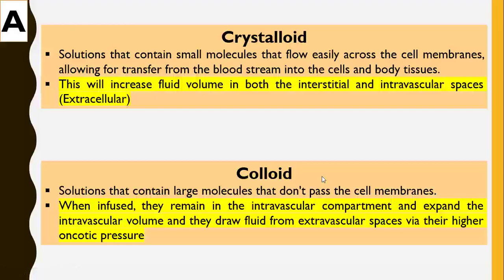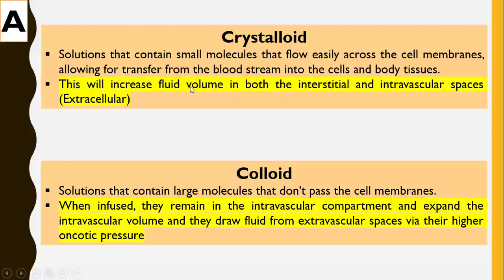So what are the types of fluids to apply this physiological background? Crystalloids are solutions that contain small molecules. As they are small molecules, they can pass freely through the capillary membrane, but don't pass freely through the cell membrane, except if these crystalloids are of different osmolarity from the body osmolarity. So crystalloids flow easily across the cell membranes, allowing transfer from bloodstream into the cell and body tissue if there is a tonicity or osmolarity difference.